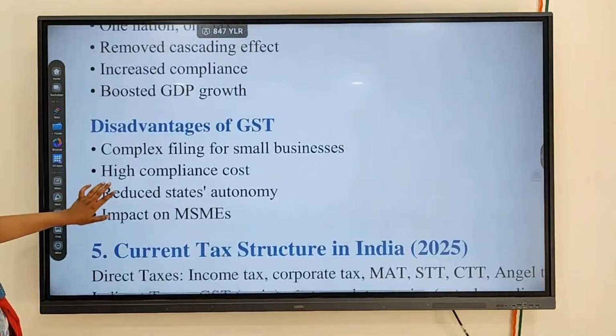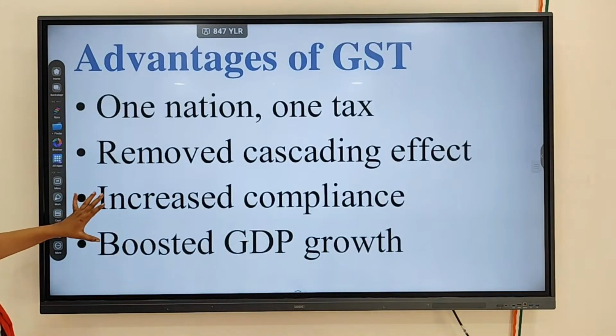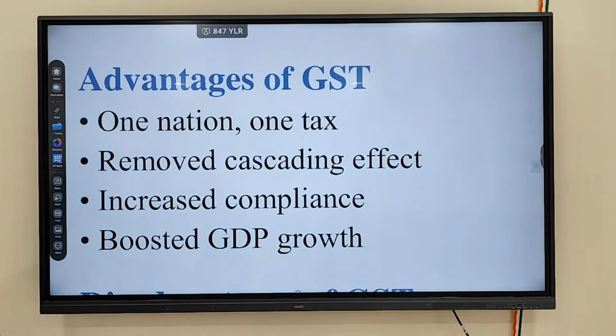Next, what is the advantage of GST? Before GST, there were different types of taxes levied on goods. The concept of GST is that a commodity will be valued the same throughout the nation.